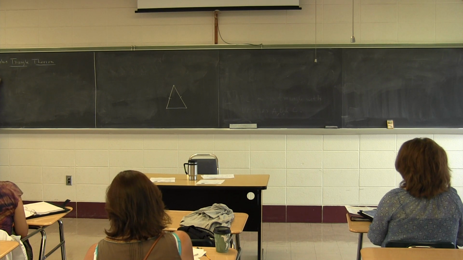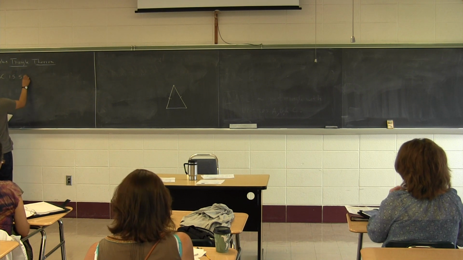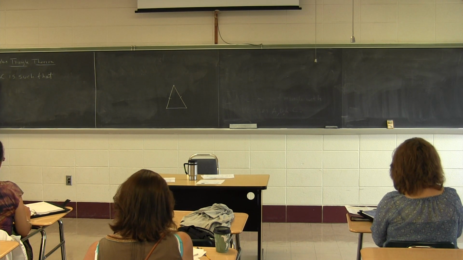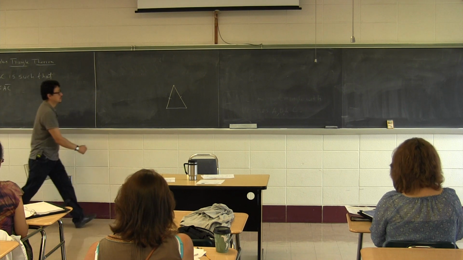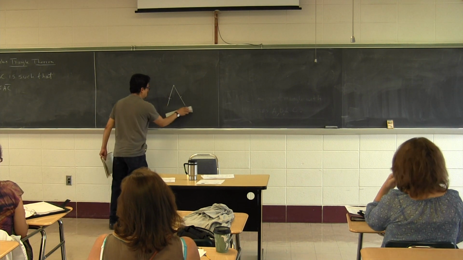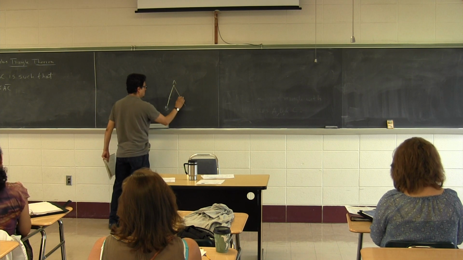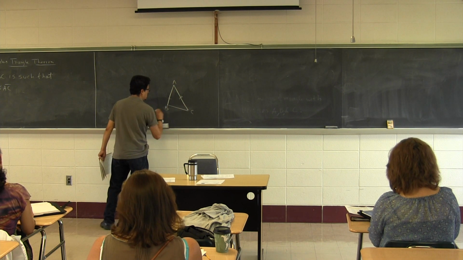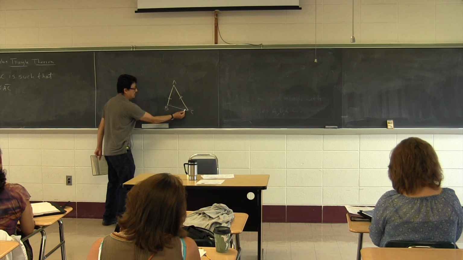If the triangle ABC happens to have the following property, such that the side AB is congruent to the side AC, right? So if we have a triangle with this property, this side equals this side, then we can show that this angle must be equal to this angle.